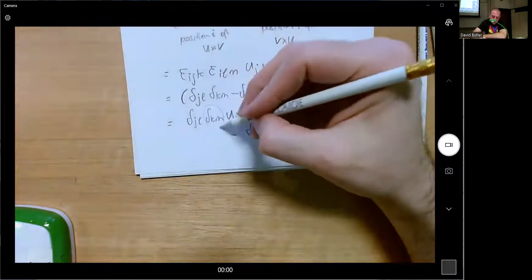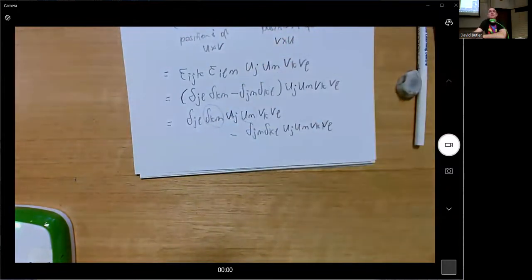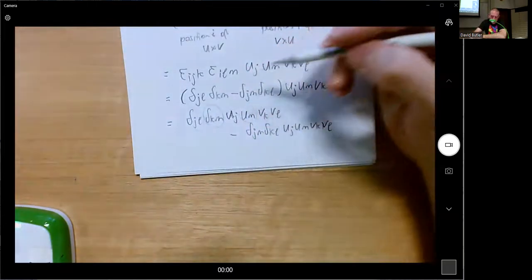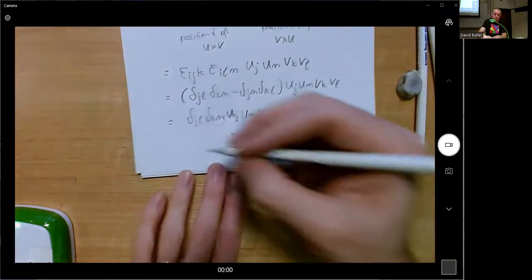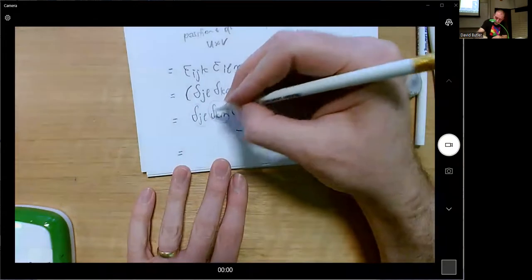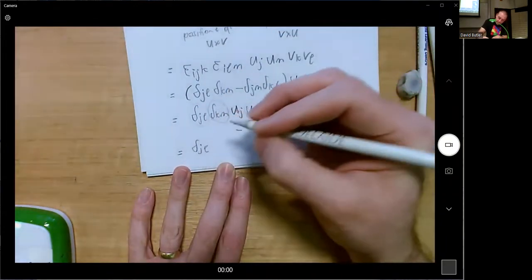Well, this and this will turn that M into a K. And this will turn that L into a J. I'm just going to rearrange them just to be absolutely certain.